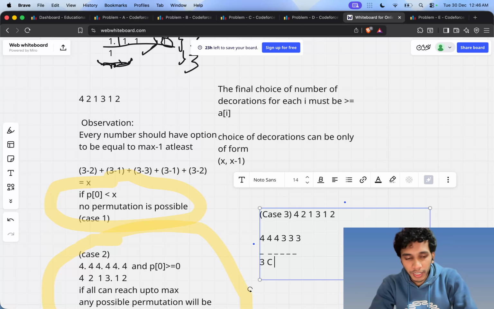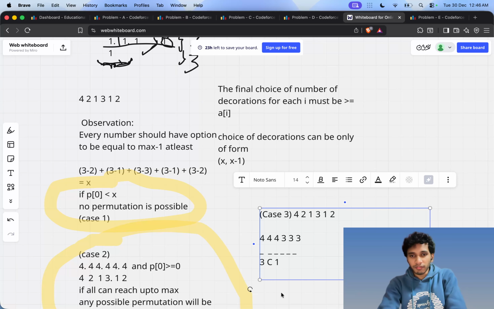What is the way to choose one from these 3? 3C1. And for the rest, that is 2, 1, 3, 1, 2, let's say this was the index chosen for 4. They can go here, or here, or here, or here. All the leftover dashes will be assigned to them.